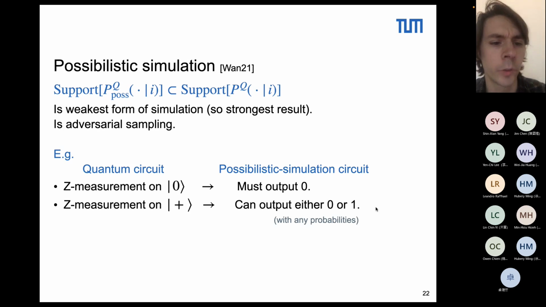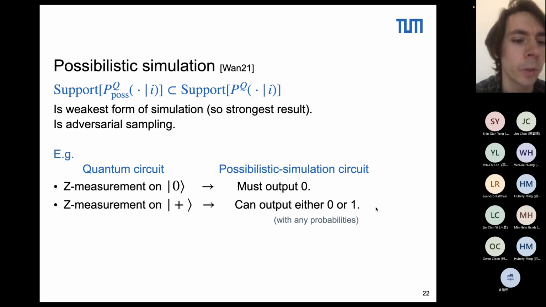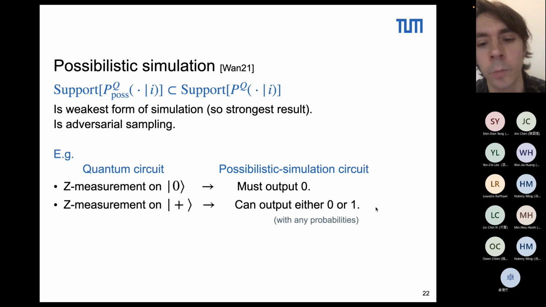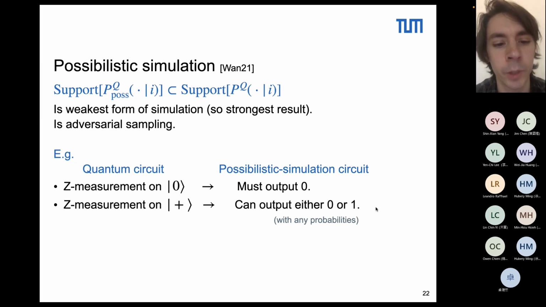And to make it a bit more concrete, here's a simple example. If for our circuit we want to make a Z measurement on the zero state, then the possibilistic simulation must output zero because the outcome 1 has probability 0. So only the outcome 0 is possible. But if we're making a Z measurement on the plus state, then since both outcomes are possible, usually they will have probability 1/2. But here we don't care about the probabilities.